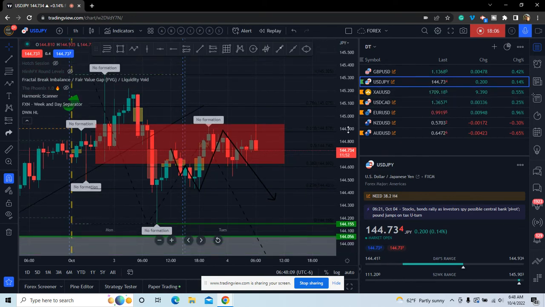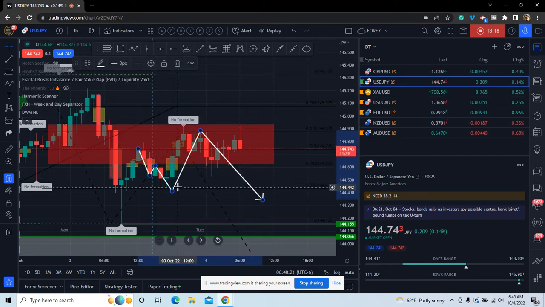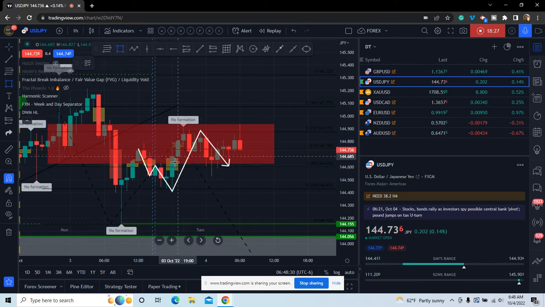On the yen, I highlighted the potential for a move into the neckline of this W formation, which we've seen, and it's seen a rejection at the neckline. This came into here and held.